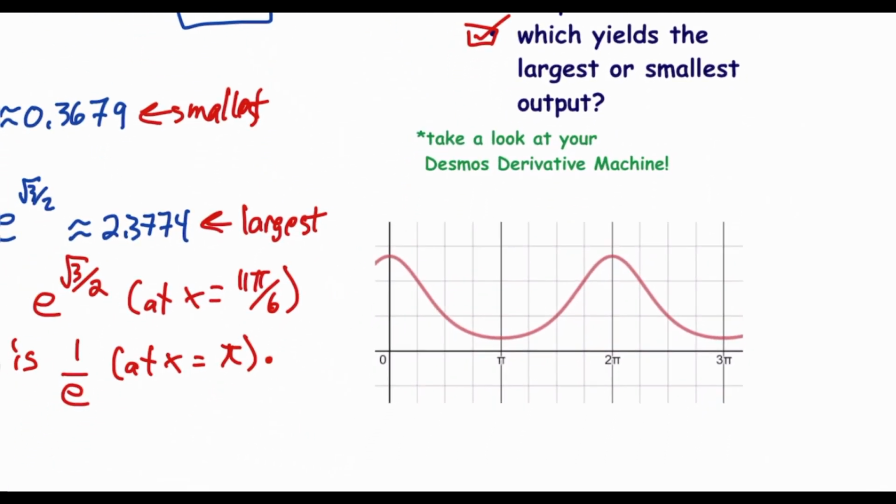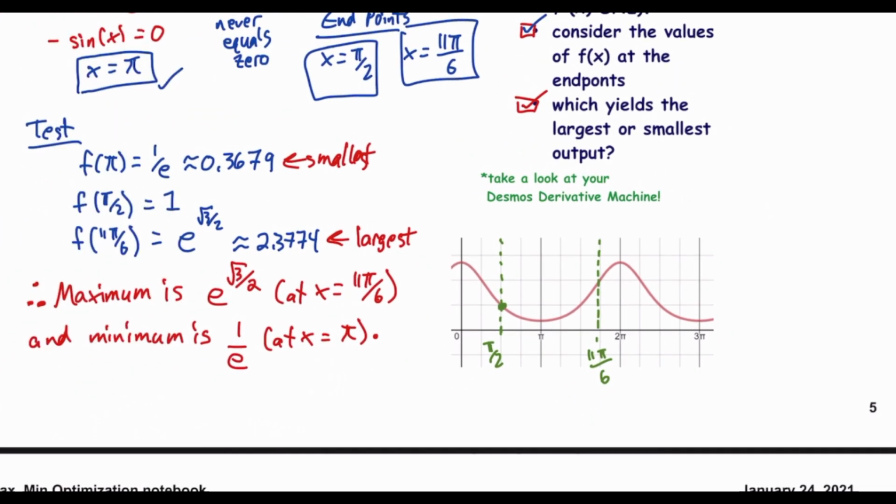We can also inspect on our little graph here. And our interval was pi over 2 and 11 pi over 6. And so what was our minimum value? Well, that was right here. So this is our point pi.